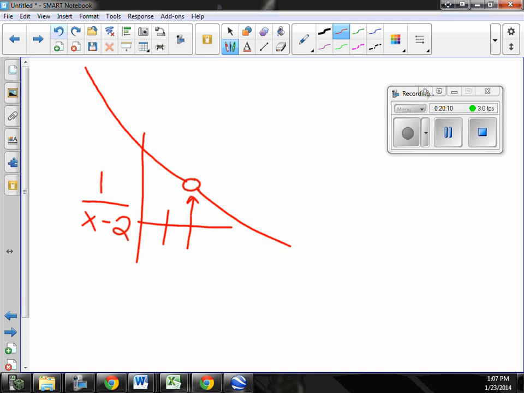So the number doesn't exist. But if I trace down this way and I trace up that way, can I narrow down what the number would be if it was gone? Yes. And that's called a limit. So the limit of this graph as x approaches 2 would be whatever that number is, even though it doesn't exist.